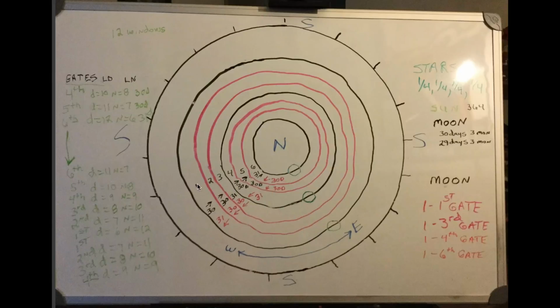Now, if the moon's clear out here in gate 1 and you're trying to film the moon, you're looking through a lot of atmosphere, so you're going to have a lot of atmospheric distortion.